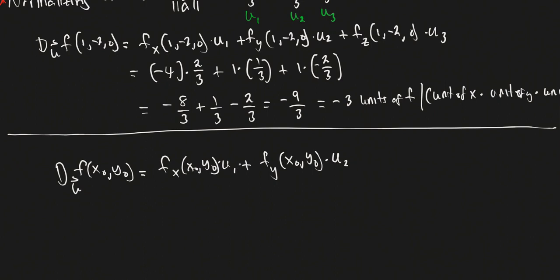Think about that. It's like something with respect to x multiplying something in the x plus something with respect to y multiplying something in the y. That almost smells like a dot product. It almost looks like I can express this as a dot product.